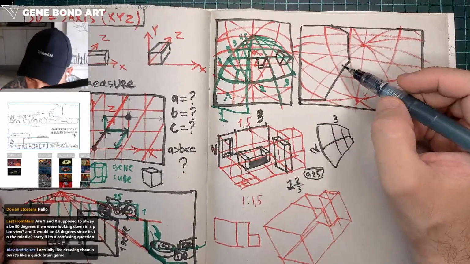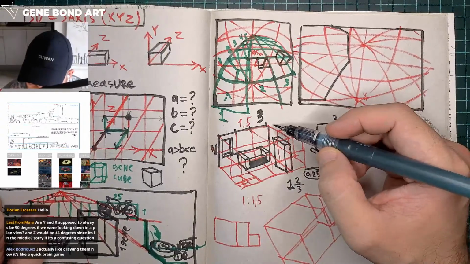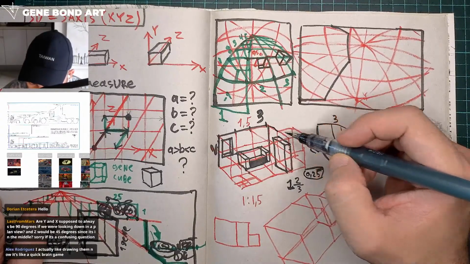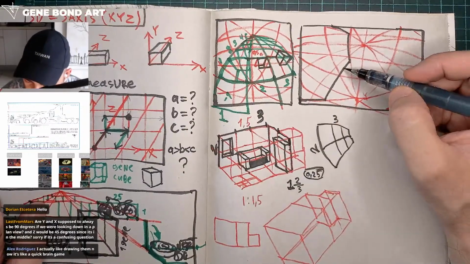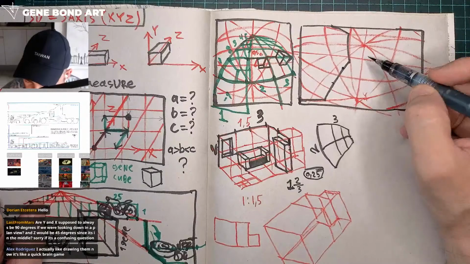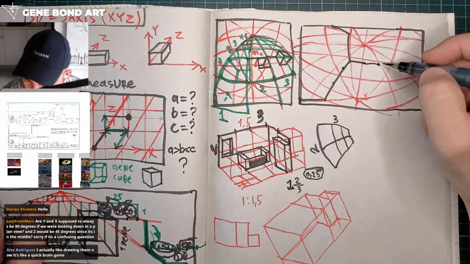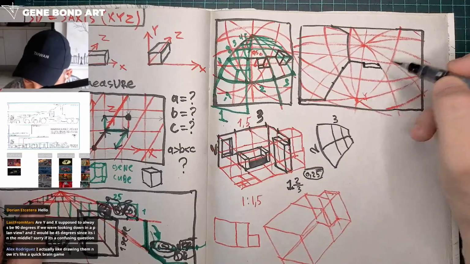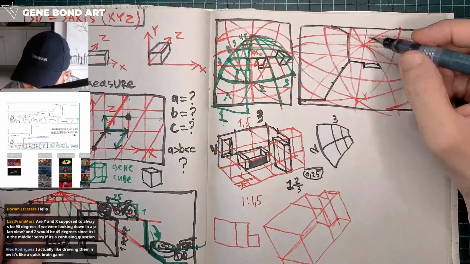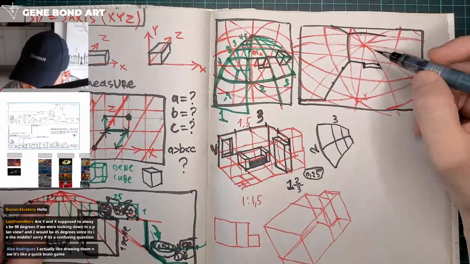Then I say, okay, now I have 2 of the same ratio, going to the right. So this will be the width of this wall. And here I add the bookshelf. Here will be the corner of the ceiling.